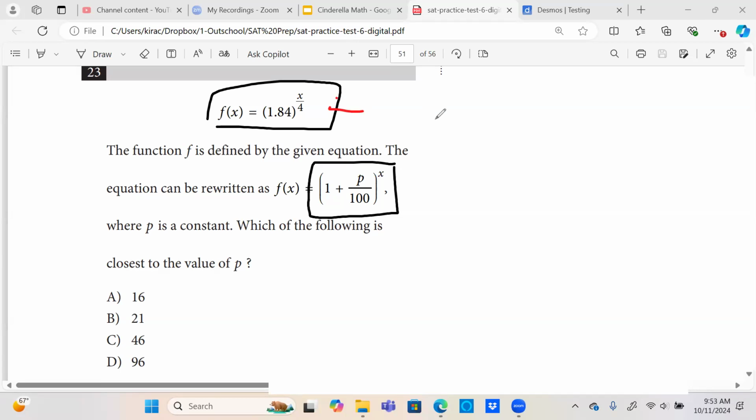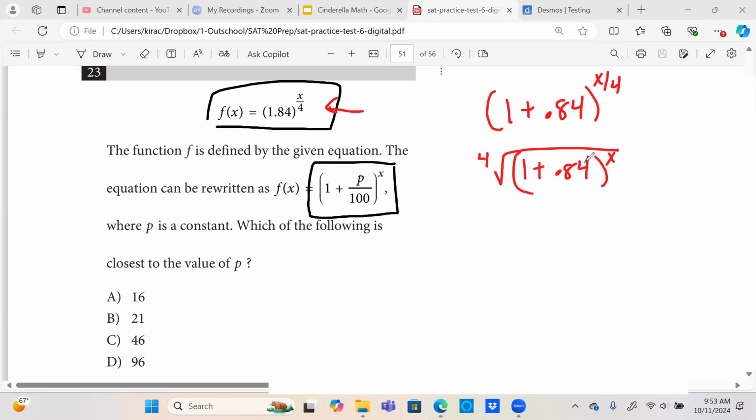If you just rewrote this one, you could say that's 1 plus 0.84 to the x over 4, right? So you could also say that's the 4th root of 1 plus 0.84 to the power of x.